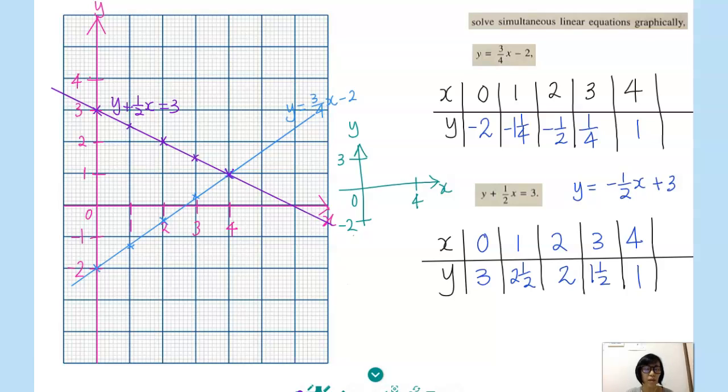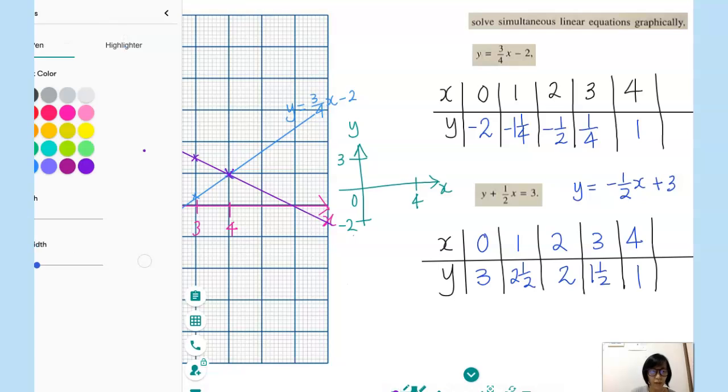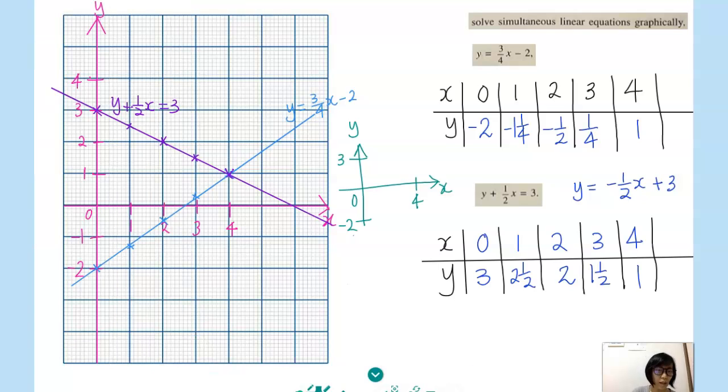And to solve the simultaneous linear equations graphically, what we are trying to get is the intersection point. Every time in maths when we say we're solving, we're actually trying to see what are the points that coincide with these two graphs, these two lines. So the intersection point is the answer.